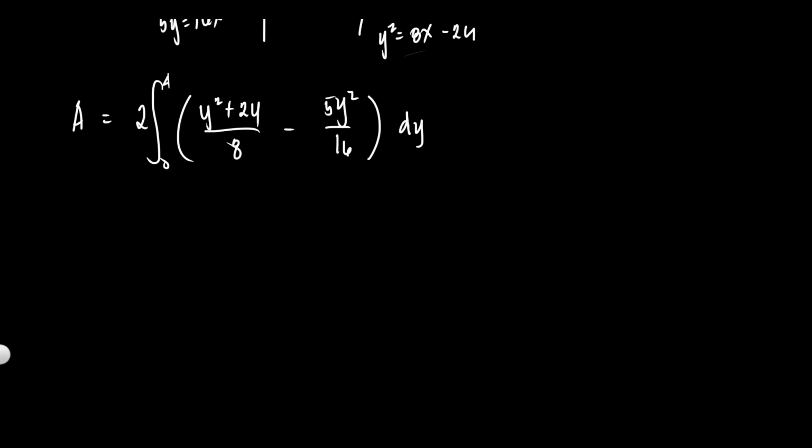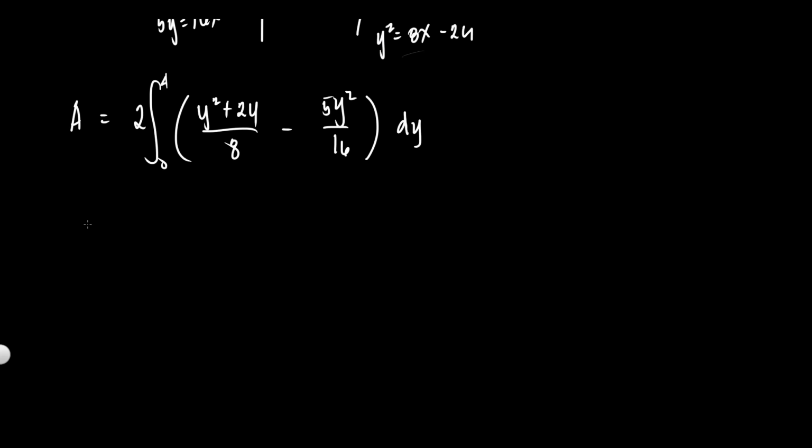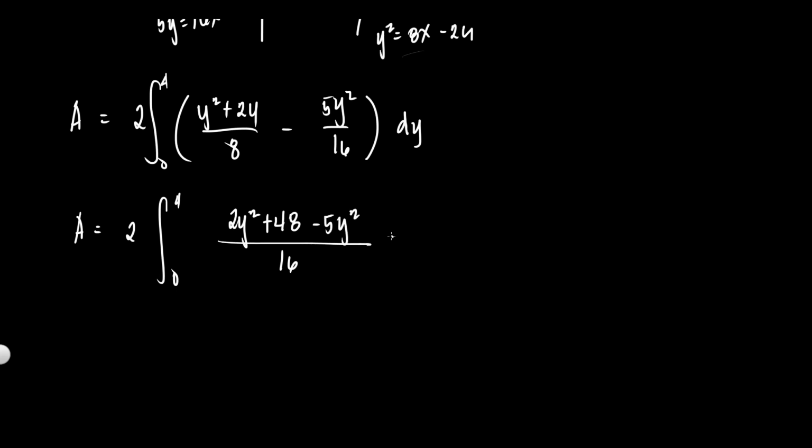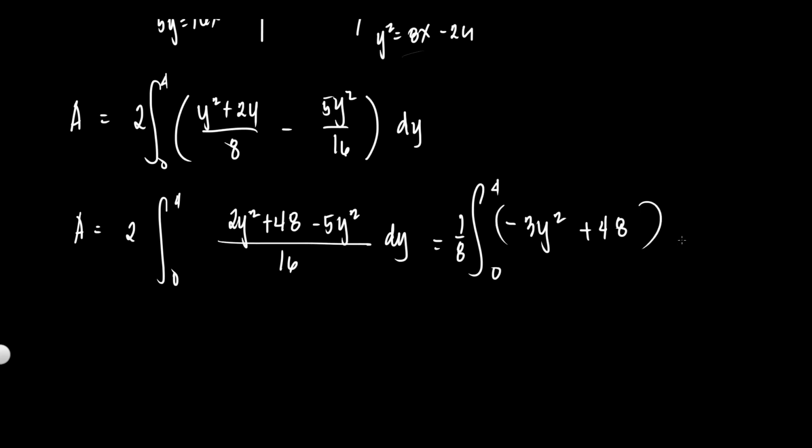So area is equal to 2 times the integral. Let's simplify this first. Over 16, we have 2y squared plus 48 minus 5y squared, times dy. This is equal to the integral of 2 over 16, which is 1 over 8, times minus 3y squared plus 48, limits from 0 to 4. Of course, don't forget the dy.